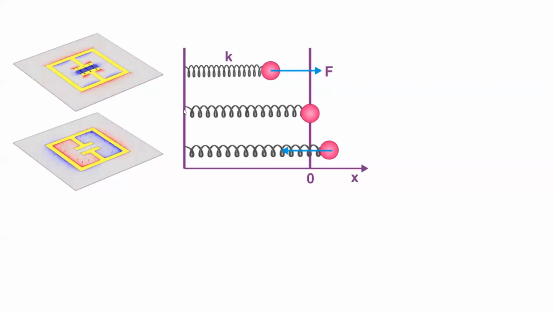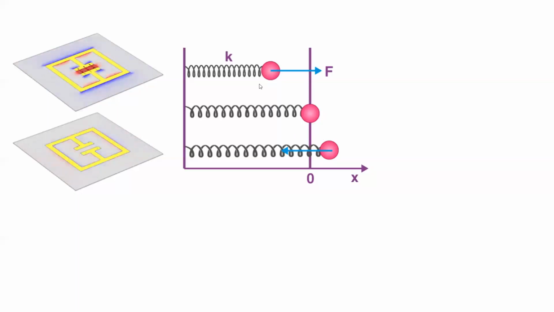Right, and this type of oscillation is very similar to what we have in mechanics for a mass on a pendulum, or like a bob on a spring, like shown here, right?